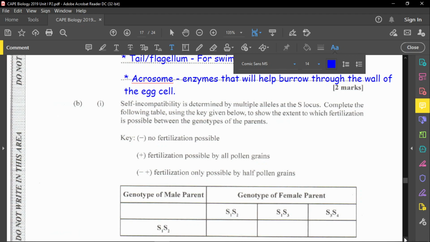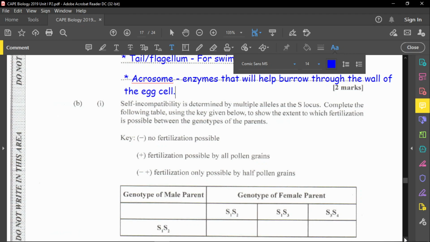Now, before I go into answering this question, let's talk about one simple thing here. When we talk about self-incompatibility, this is referring to hermaphrodite plants, or plants that are monoecious. So monoecious or hermaphrodite plants, this is what this question is referring to.